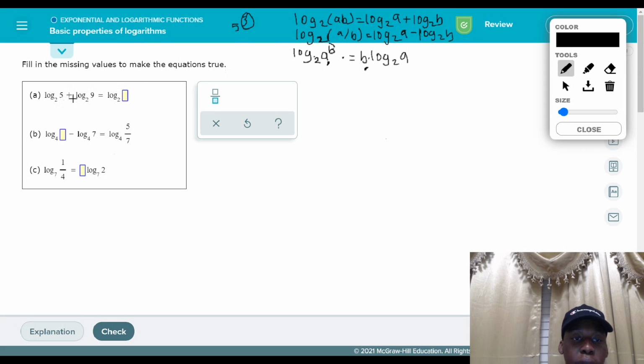Since they're adding them together, the result is supposed to be a multiplication of these digits, the a and b digits. In this case, a and b are 5 and 9. So for us to get the answer, we have to multiply 5 and 9, and that equals log 2 of 5 times 9.